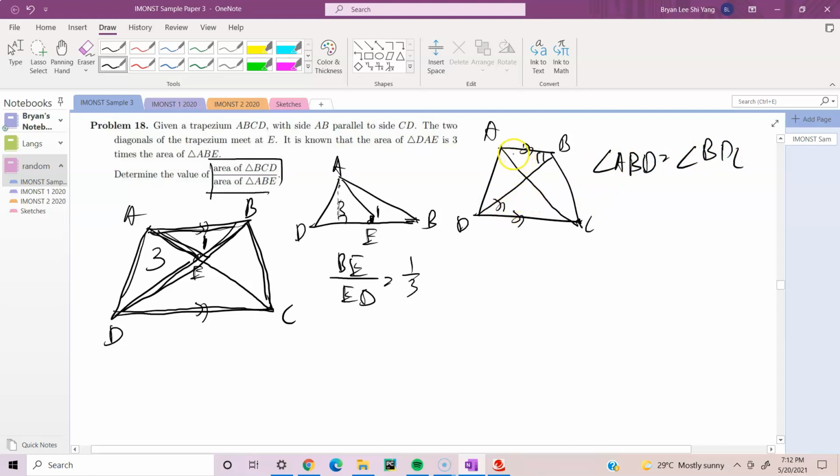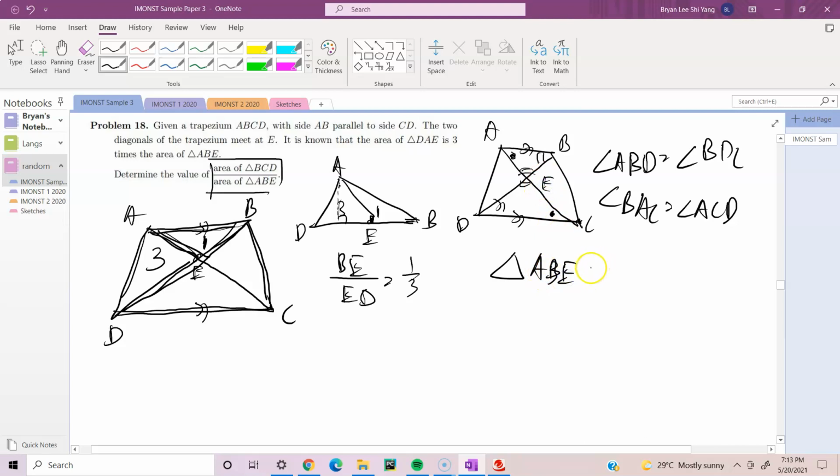And then we will also get these two angles to be the same since these are still parallel lines. So angle BAC equals angle ACD. And of course, these two are the same because of vertically opposite angles. I do not need to explain this much.